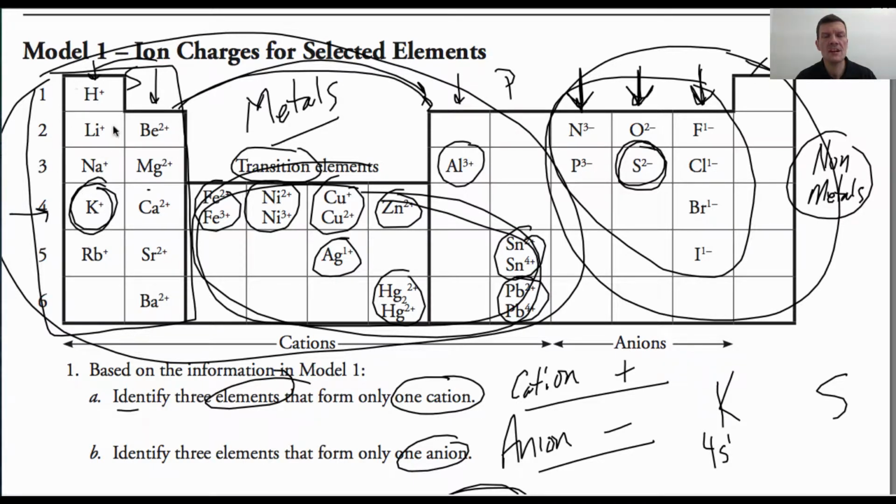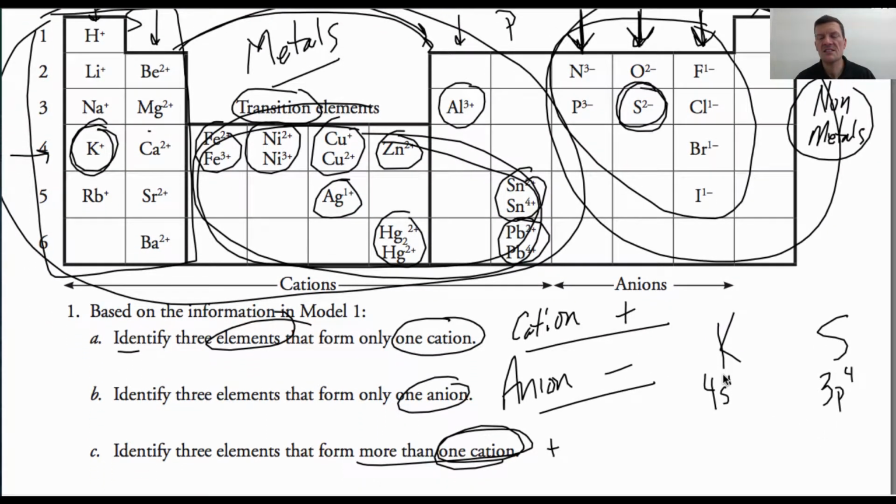It's in the first group, the s block, 4th column. The sulfur over here, it is in the p block, and it is in the 3rd row. It's going to end in 3p, and this would be 1, 2, 3, 4. It is 4 deep in the p block. So 3p4.